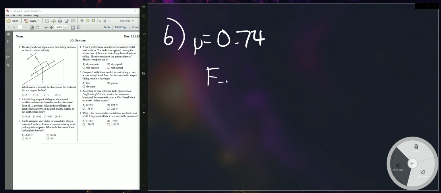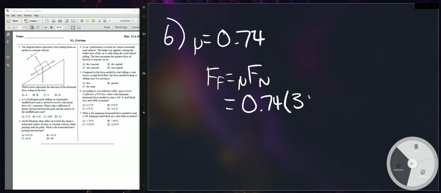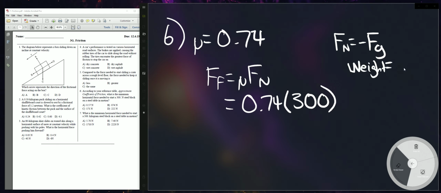Your frictional force is mu times Fn. Your mu is 0.74, and your normal force is equal to your weight, negative Fg. The 300 newton steel block, that's its weight, since another term for force due to gravity is weight.